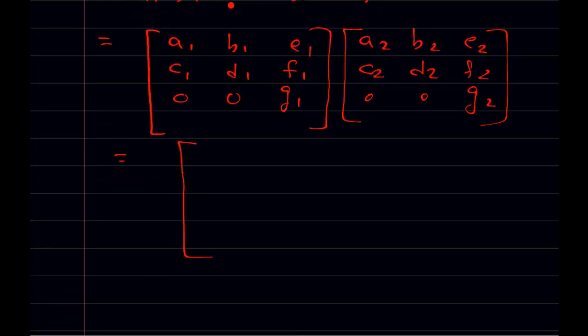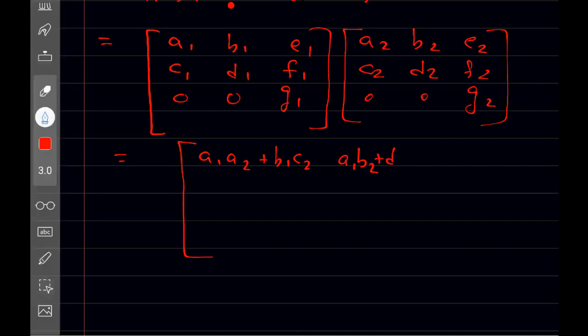The first one, I'm going to get A1 A2 plus B1 C2. And here I'll get A1 B2 plus B1 D2.